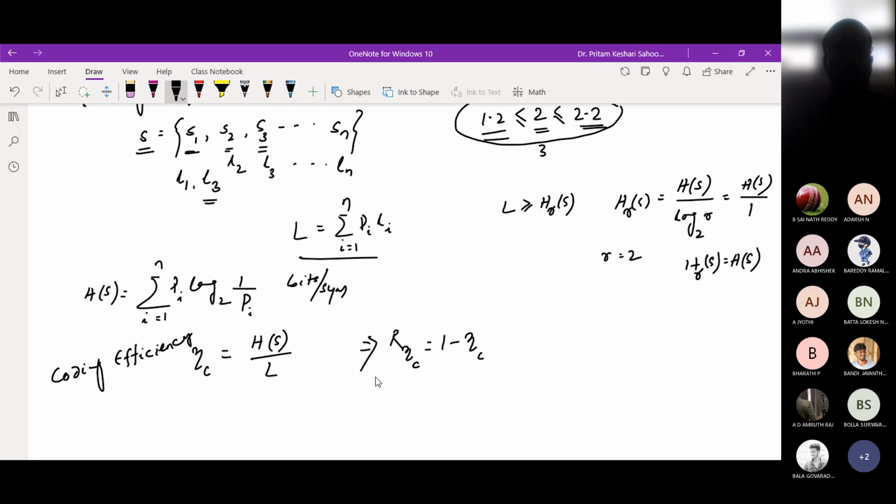All right, so now let us take an example and find out all the parameters.